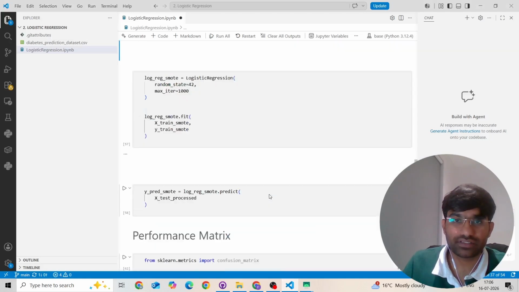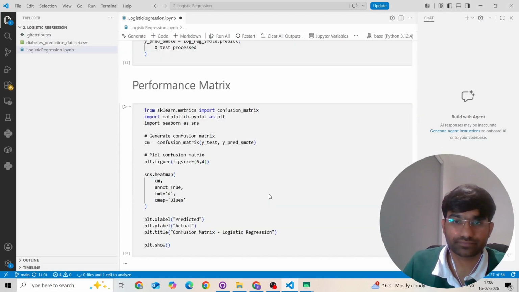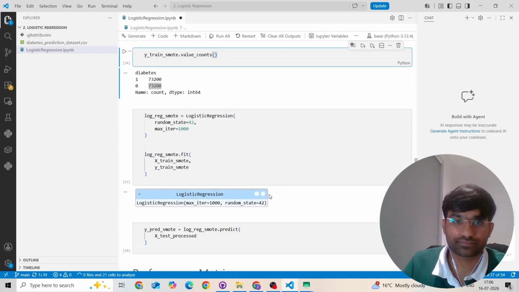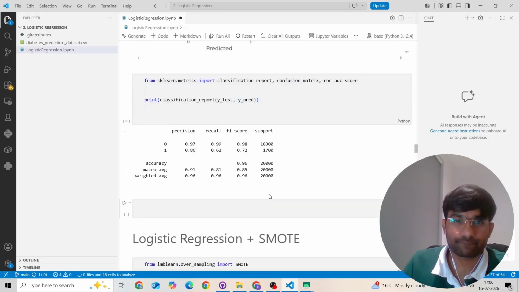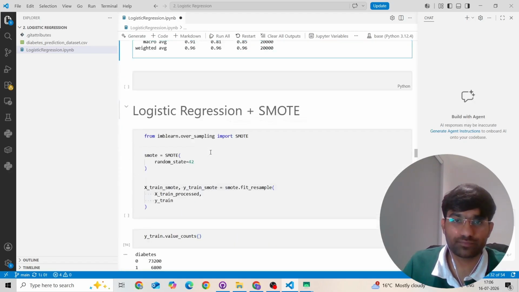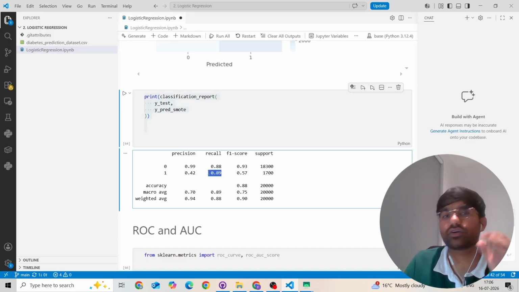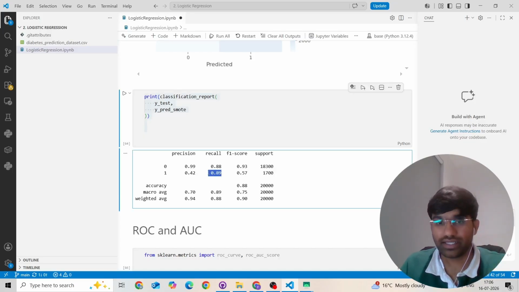Let's check the recall accuracy. See, for the previous model, the recall accuracy was 62%. Now the recall accuracy is 89%. Recall accuracy has increased because I have balanced the data.